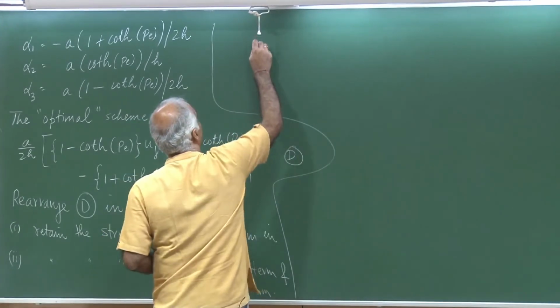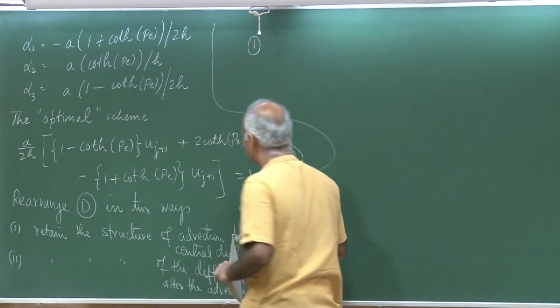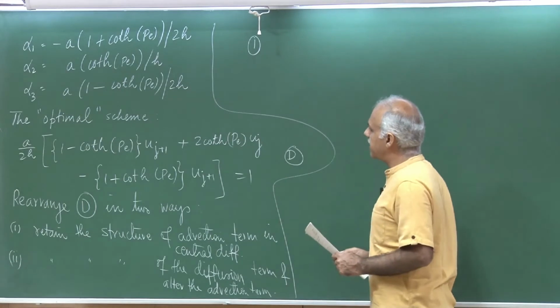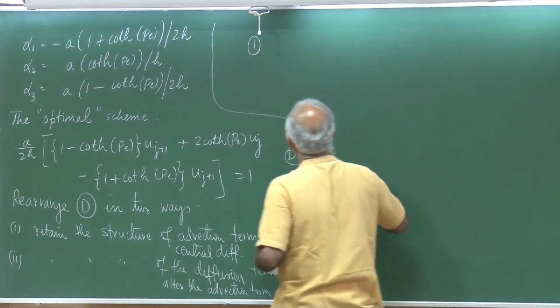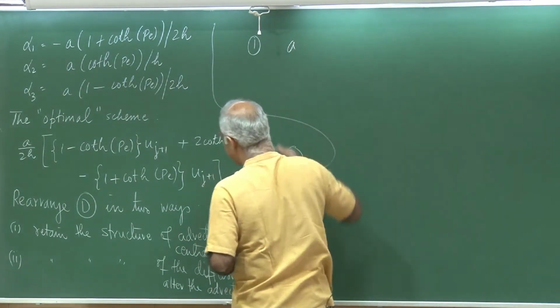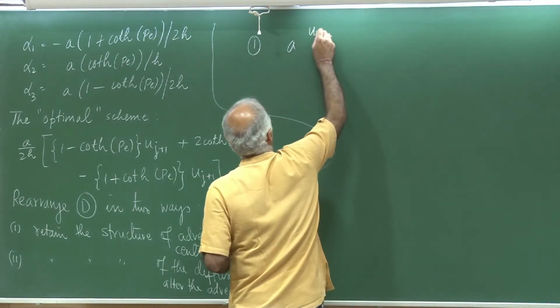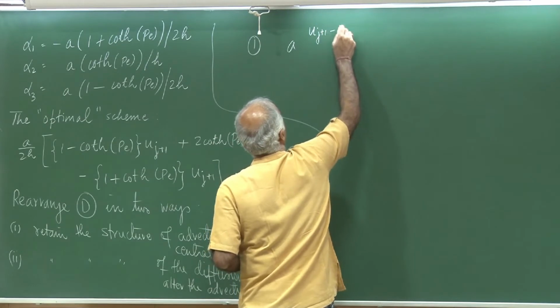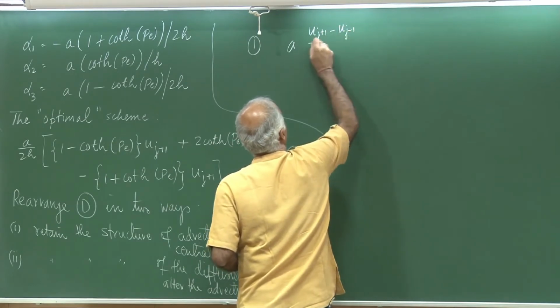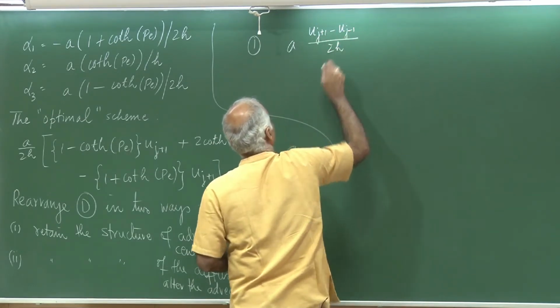So the first one, I am going to rearrange the scheme D in the following manner. So we will maintain the advection term. So the first term is A times uj plus 1 minus uj minus 1 divided by 2h.